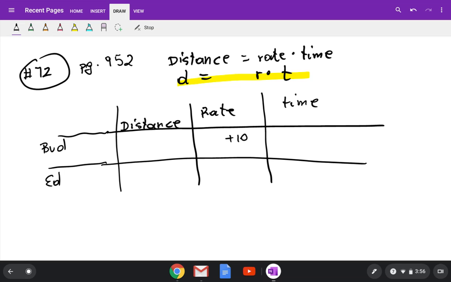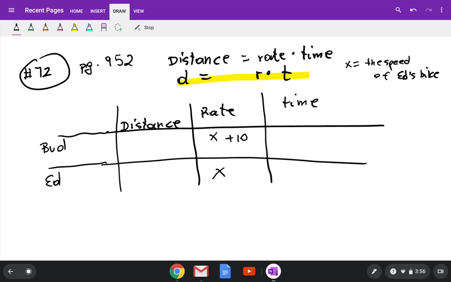Since we are comparing Bud's speed with Ed's speed, x will be the rate of Ed, the speed of Ed's motorcycle. Bud goes 10 miles per hour faster, so that would be x + 10. My variable is always the person I compare to.